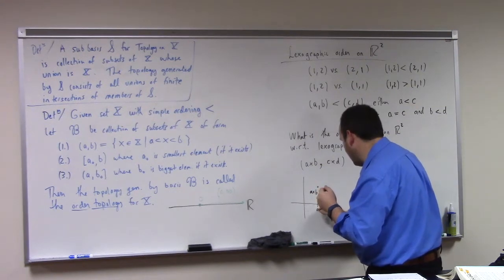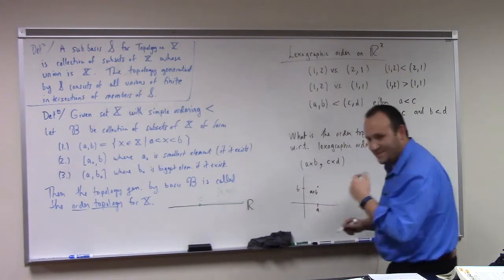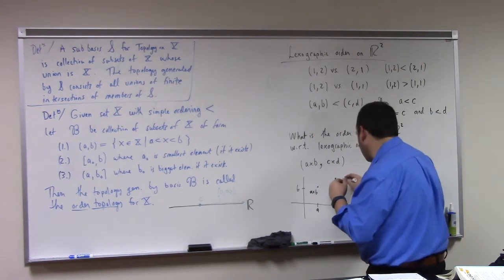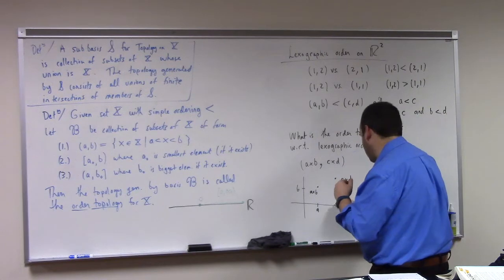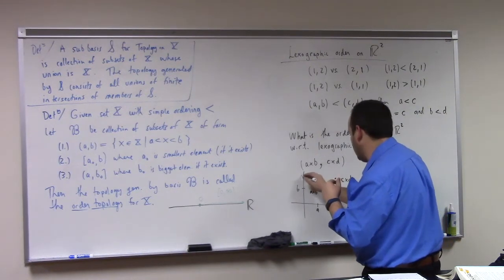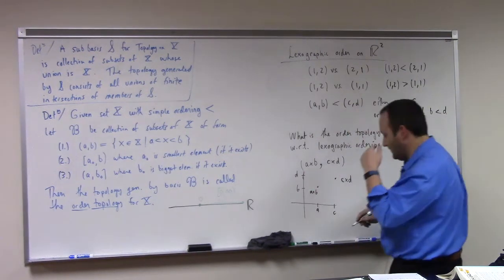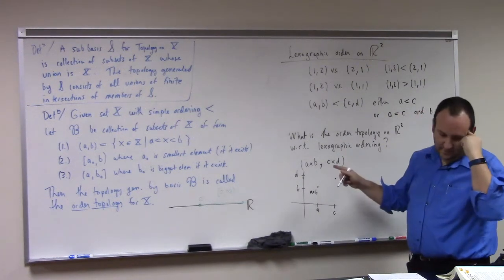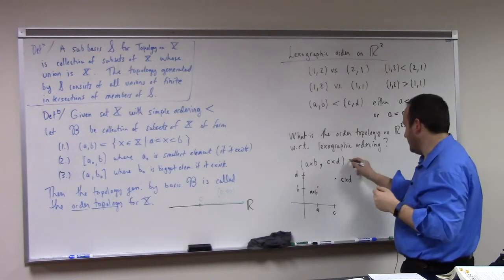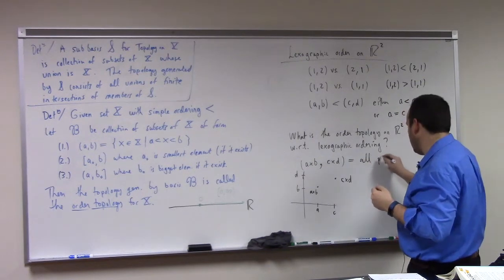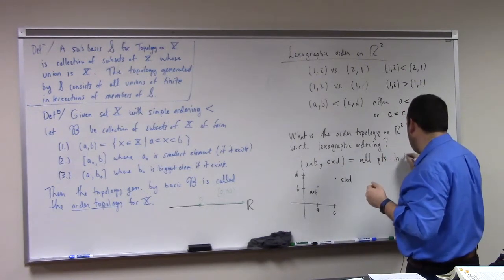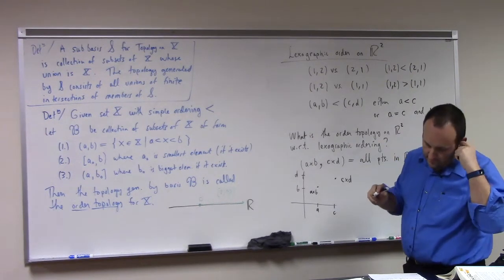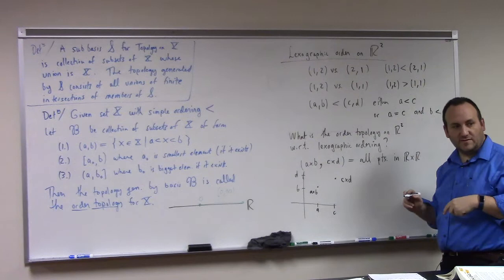As in, this is A and this is B, and maybe CD is over here, so the x coordinate's C and the y coordinate's D. And so this would be all points in R cross R that are between the points A cross B and C cross D, right?